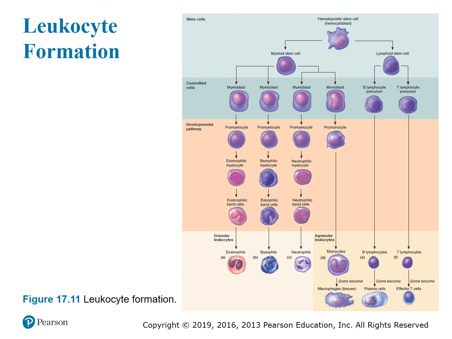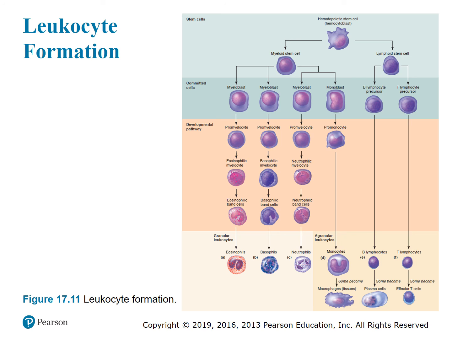Figure 17.11, leukocyte formation. So we have the hematopoietic stem cell, hematocytoblast, that gives rise to 2 stem cell lines. If we look at the myeloid, it can give rise to myeloblasts, and these can develop into promyelocytes, eosinophilic myelocytes, eosinophilic band cells, and then eosinophils.